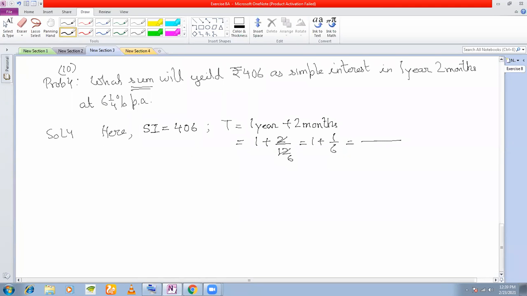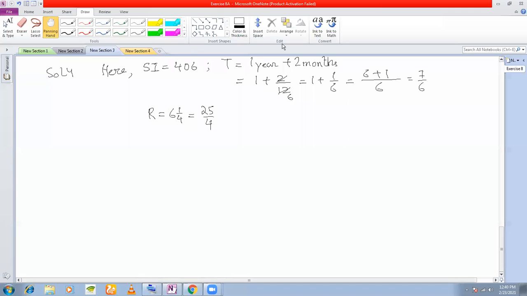Now, taking the LCM, you get 6 plus 1 is equal to 7 by 6. So this is your time. And the rate is also given here, 6.14%, which, if you convert this mixed fraction to an improper fraction, you get 25 by 4. Fine.